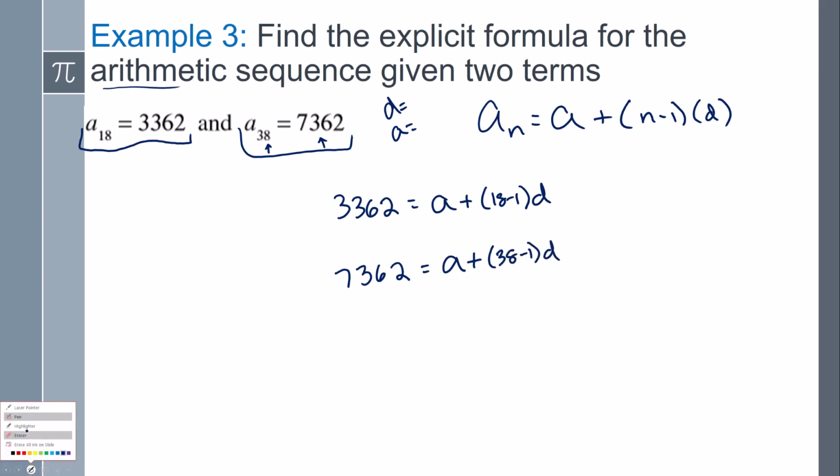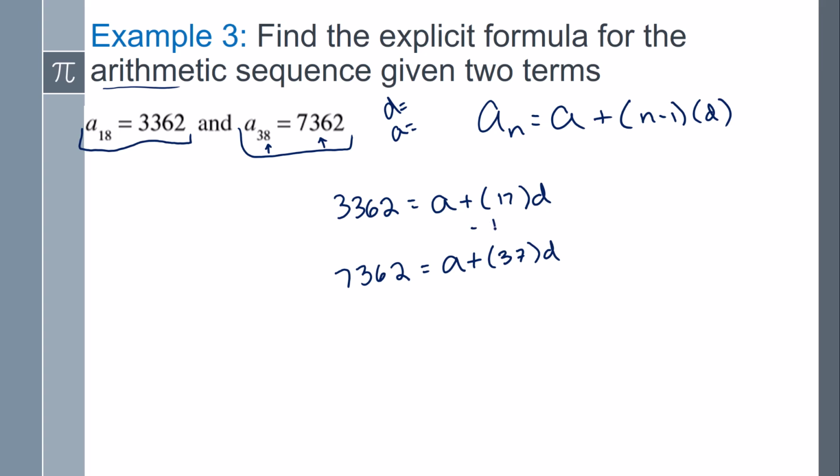Now if you notice in both of these, and I'm going to replace this, so that's going to become 17 and 37. Right, so I just did the subtraction there. But if you notice in both of these, I don't know what my a is and I don't know what my d is. So we're going to use substitution.